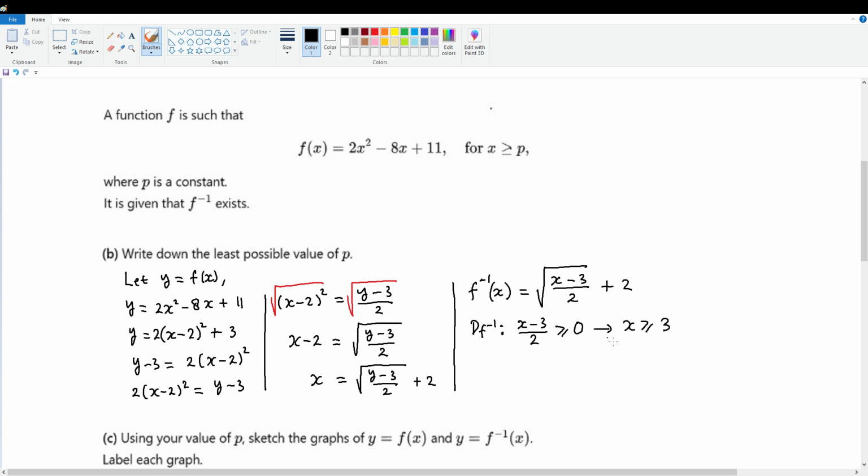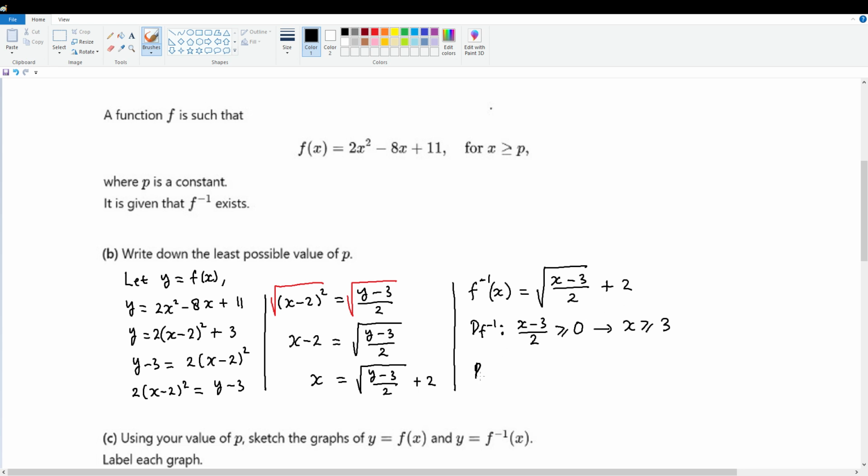And then when we see the domain, the minimum value of x here is x equals 3. When you put in this x equals 3 into this function, you will get the minimum function value, which is 2.